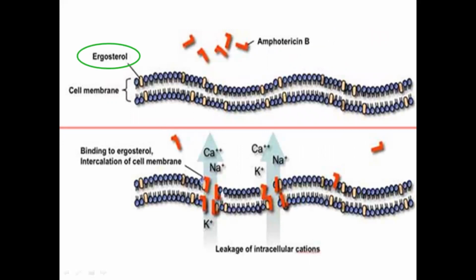So, as you can see, no, this is the cell wall, no, ng fungi, and amphotericin B creates a pore that leaks the electrolytes that will kill the fungi. Okay?